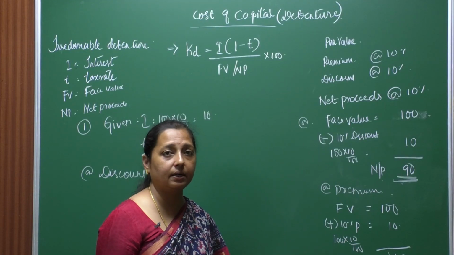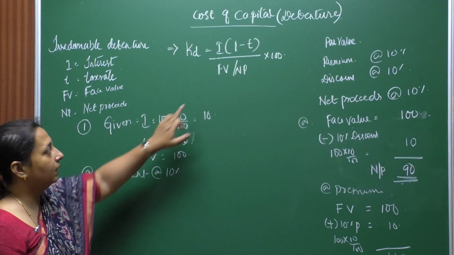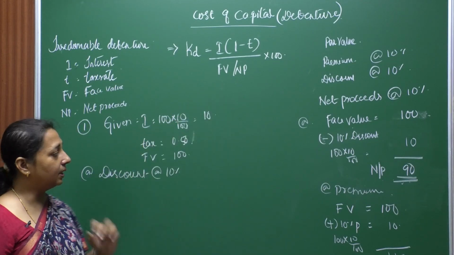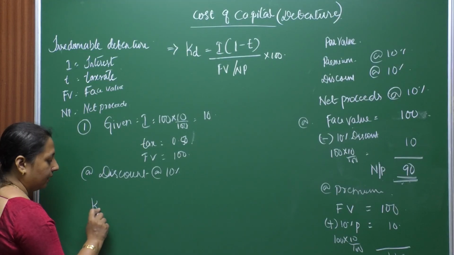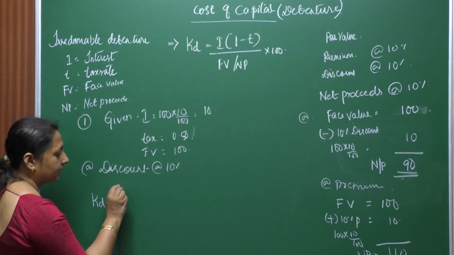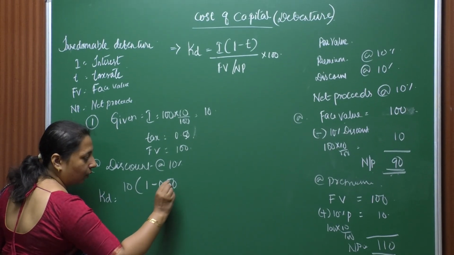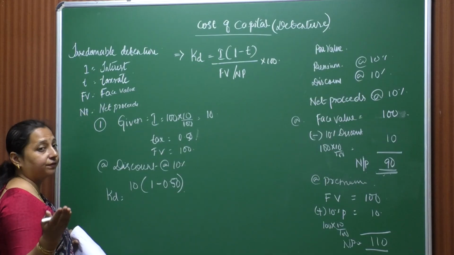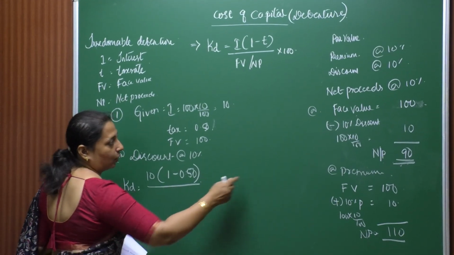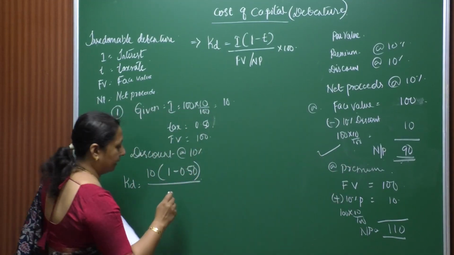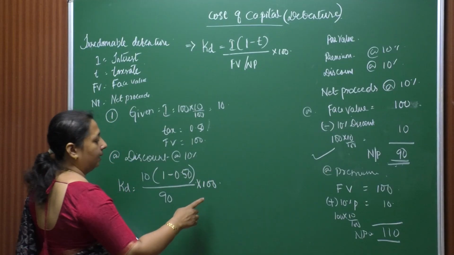If they would have given it at par, we would directly have taken 100 rupees as FV. So let us consider at discount, the cost of debt is equal to interest 10 rupees, into 1 minus 0.50, that is the tax rate, and the whole thing divided by net proceeds for discount, which is 90, and into 100, you should keep it in percentage.